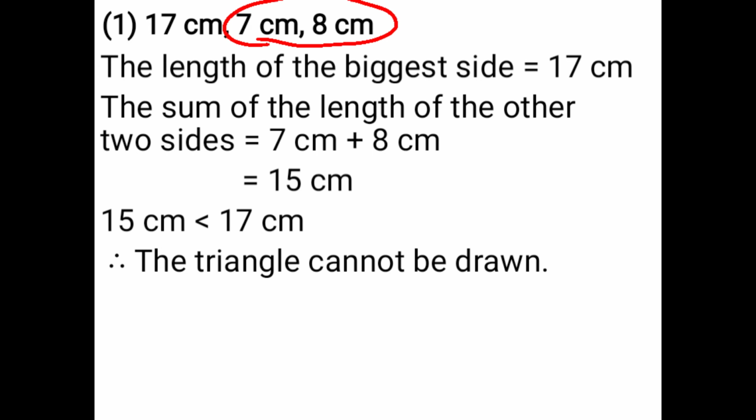It should come greater than the third side, which is 17 centimeter. The third side is the longest side. When you add the two smaller sides, the sum should be greater. It came smaller, 15 centimeter here. So that's why the triangle cannot be drawn. If the two smaller sides, after adding, are greater than the longest side, the third side, then the triangle can be drawn.